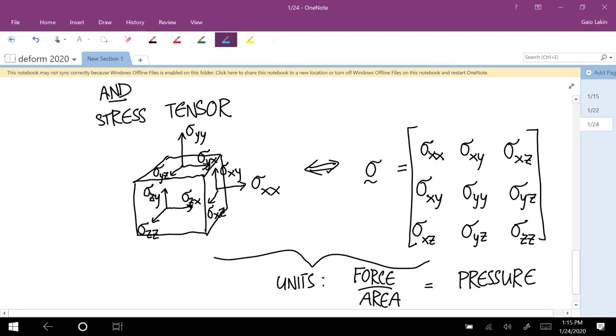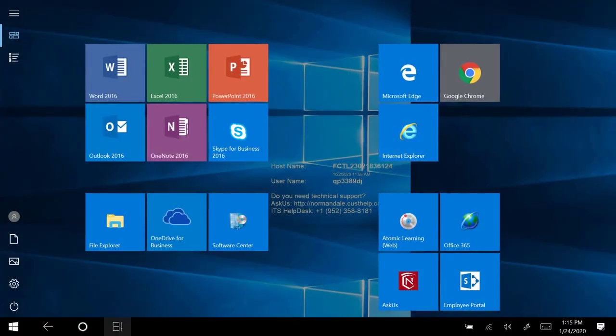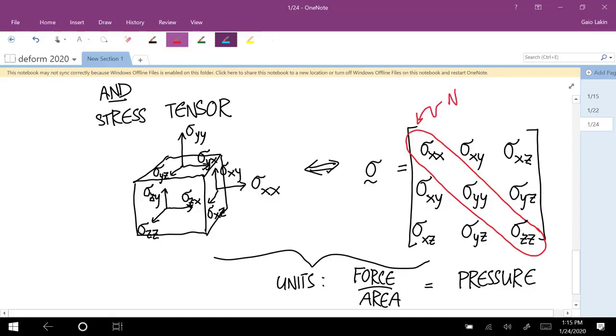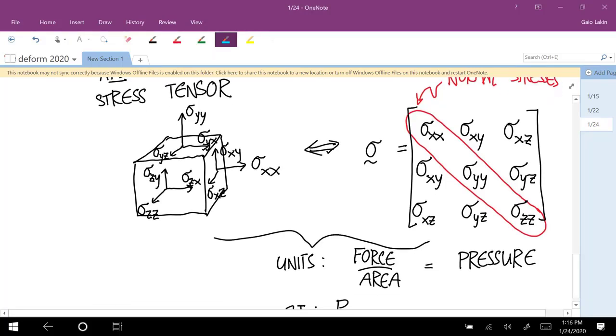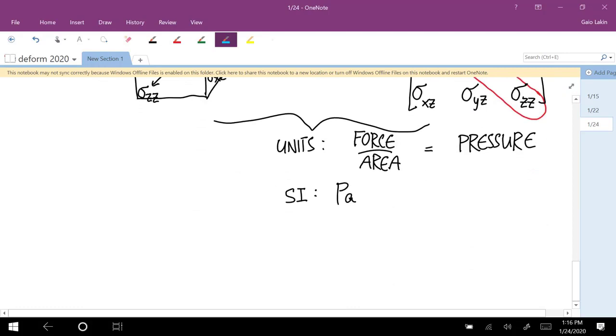Diagonal elements are called normal stresses. Okay, these are the normal stresses. So what does it mean that those are the normal stresses? Well, it sort of makes sense if you look at the stress cube. What's special about those 3 and the diagonal? That's right. They're all normal to the face that they're acting on.